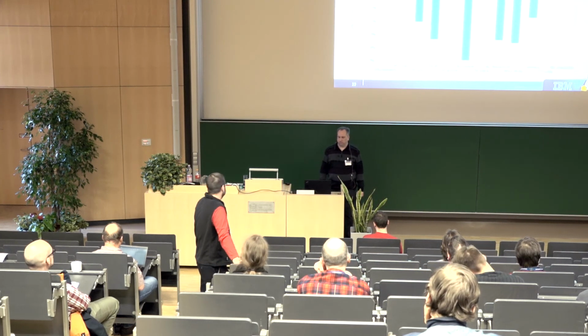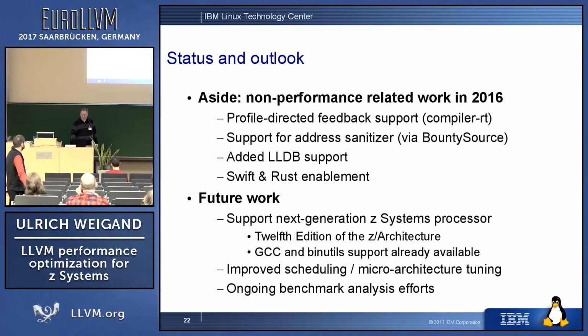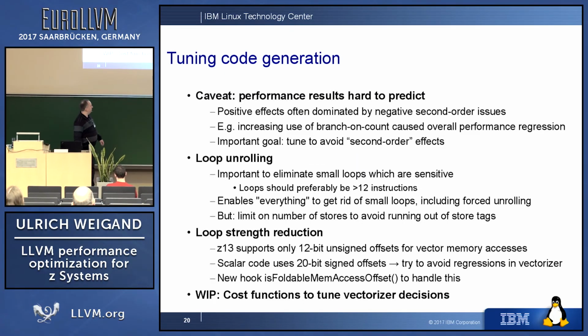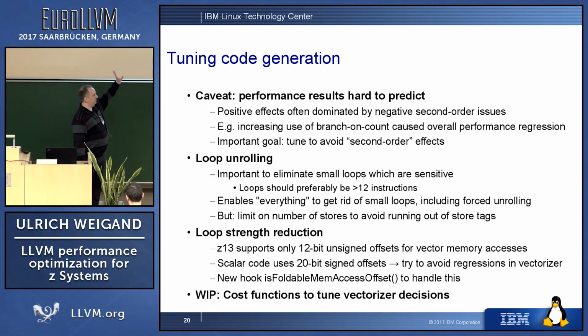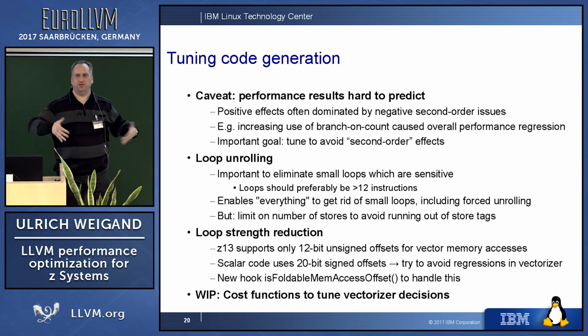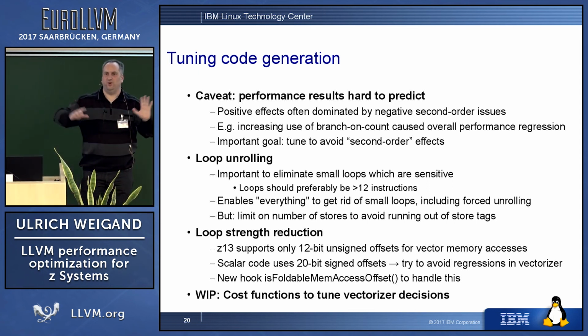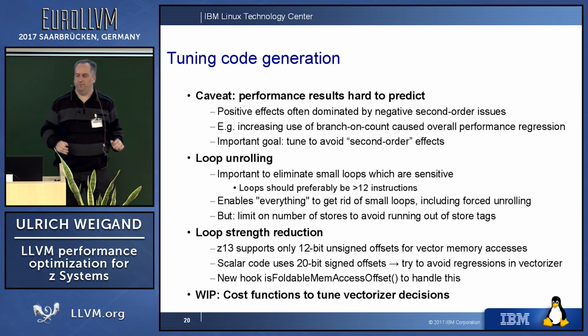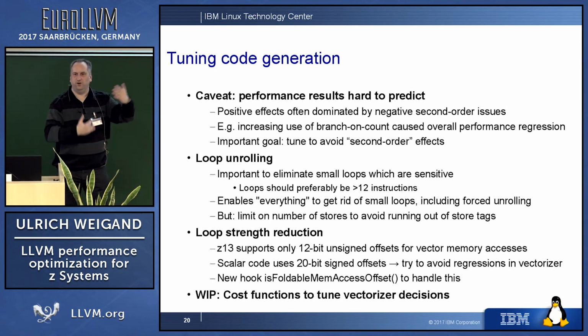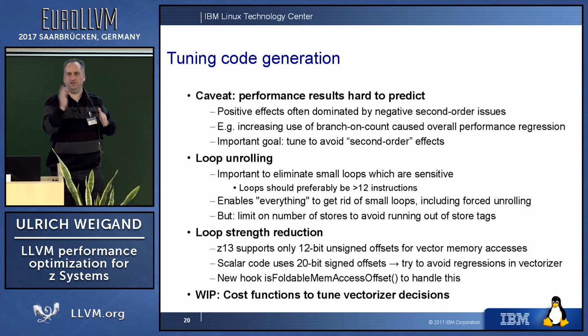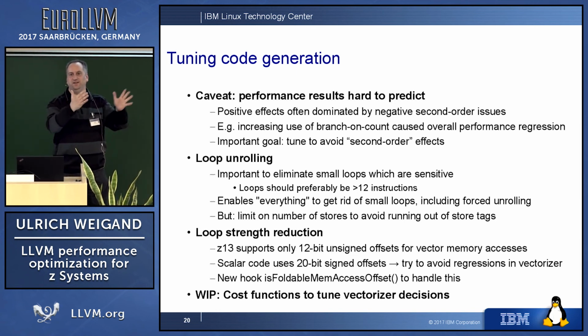Well, there was the one thing that I skipped for reasons of time. This is with the offsets here. Because we incrementally got instructions added over time, they are not all completely orthogonal. For most instructions, we now have 20-bit signed offsets, so we can address both positive and negative. But for the new vector instructions, we only have unsigned offsets because they didn't fit in.